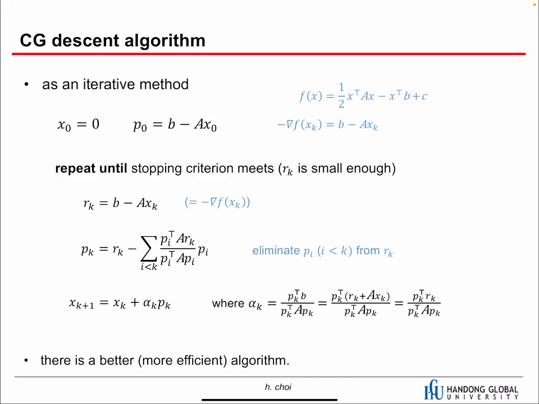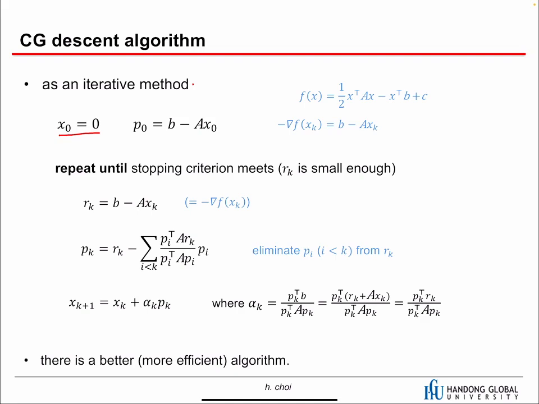Now let's talk about the conjugate gradient descent algorithm. In this algorithm, we have to build up conjugate vectors. In the previous slide, we assumed that we have conjugate vectors, but now we have to find them. This is an iterative method, and we start from x naught, which is the 0 vector.